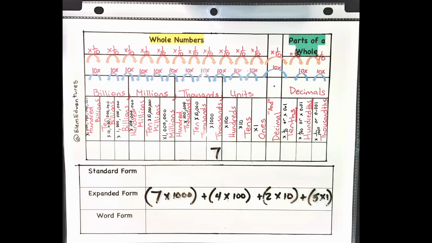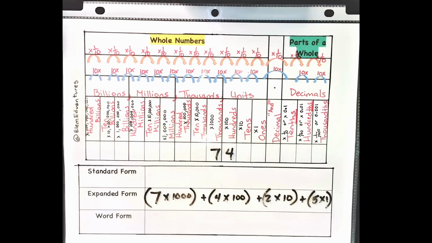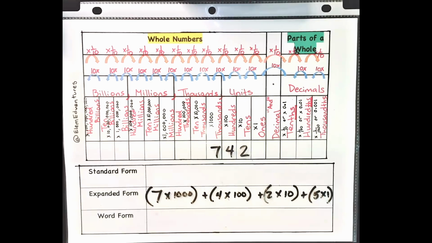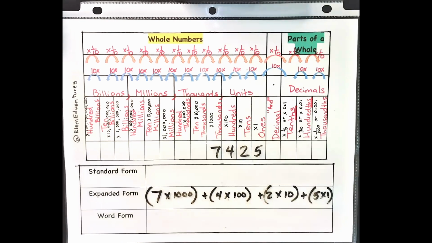Next, we have 4 times 100. That means the digit 4 belongs in the hundreds place. Next, we have 2 times 10. So the digit 2 belongs in the tens place. And finally, we have 5 times 1, which means the digit 5 belongs in the ones place.